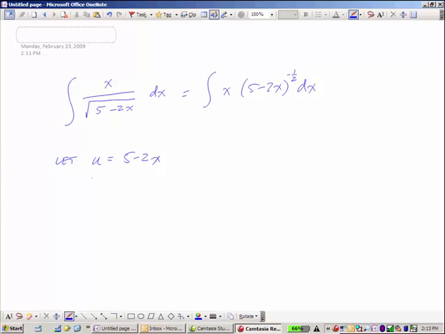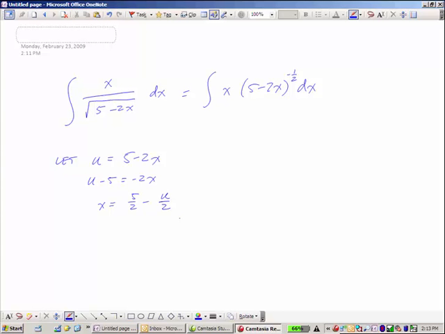Let's see. U minus 5 equals negative 2x. X equals 5/2 minus u over 2. Or u minus 5 divided by negative 2.